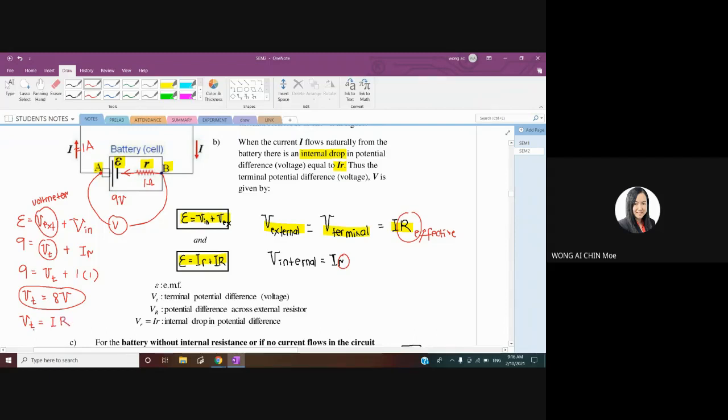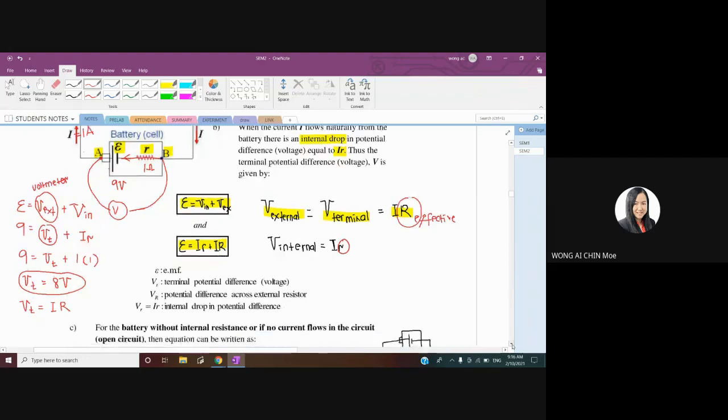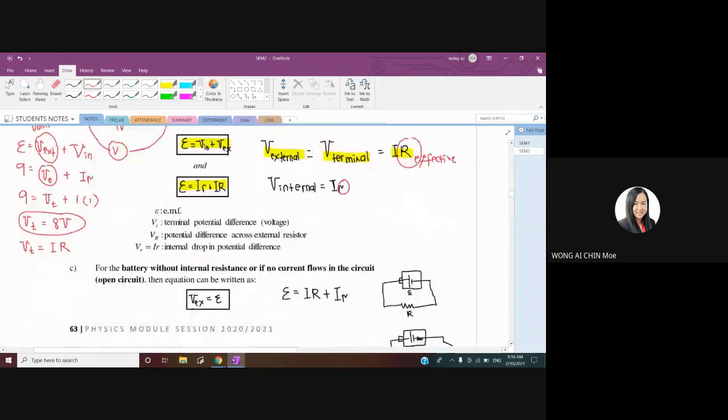If the potential difference that comes out really can use for external is only 8 volt, we write 8 volt and I is 1 ampere. So our resistor is actually equal to 8 ohm.